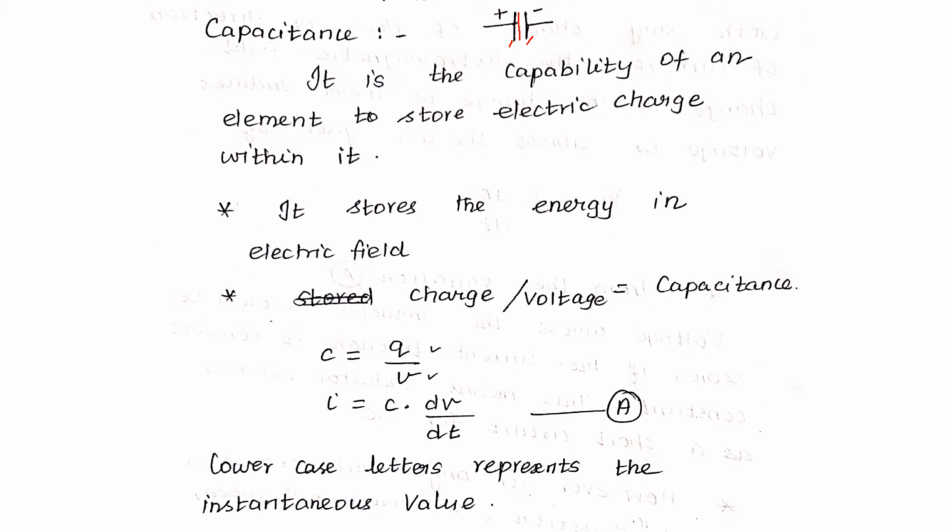It stores the energy in an electric field. What is capacitance? Charge per voltage. So C is equal to charge per voltage. And I is equal to C into dV by dt. Lowercase letters represent the instantaneous value.